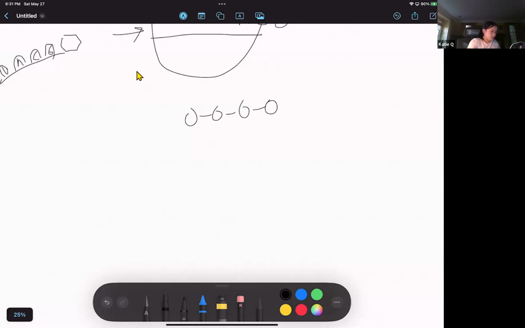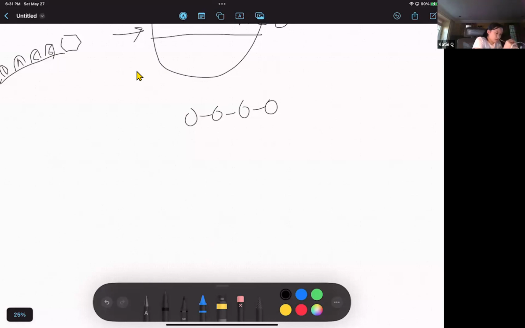Now mutations. Just erase this. So there are point mutations and there are frameshift mutations.